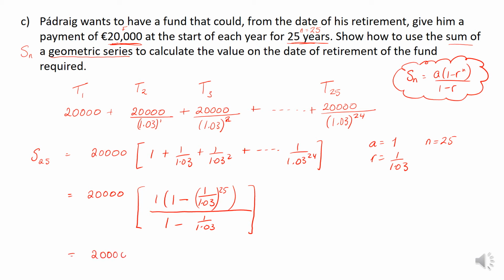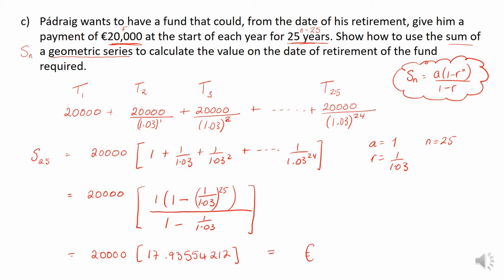Okay, we have 20,000 multiplied by 17.9355412.